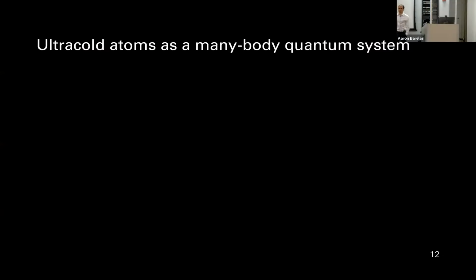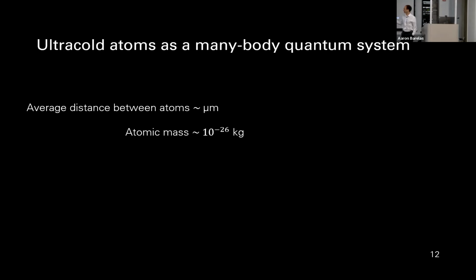So maybe to give you a sense of scale, ultra-cold atoms can only be useful to simulate quantum many-body systems provided that they are cooled down to very low temperatures. The reason for this is that the average distance between atoms in a dilute cloud is typically comparable to a micrometer, which is maybe 4 orders of magnitude larger than what you encounter in condensed matter materials.